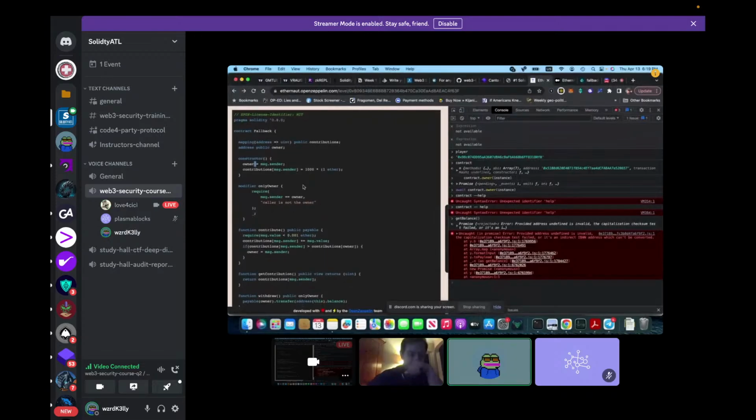Yes. Got you. So take a look at this: it says require message.value to be less than 0.001 ether. Take me through what that means right there.